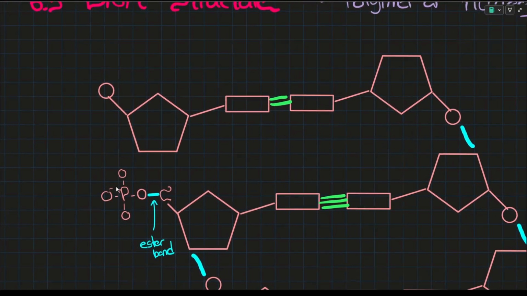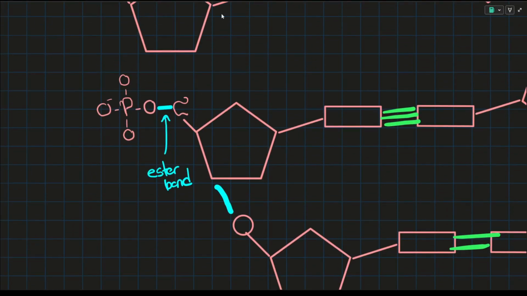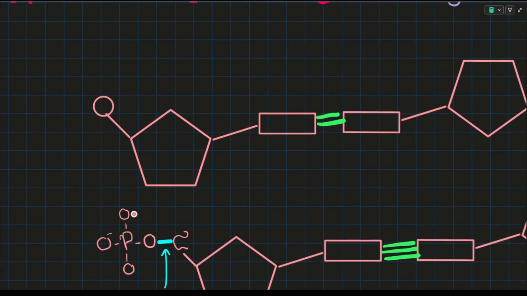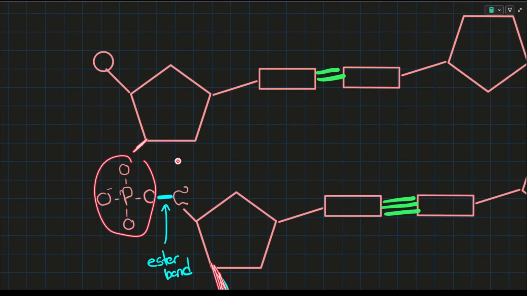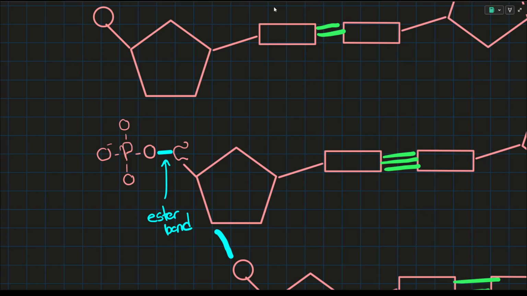Then this phosphate group should also connect again to this above carbon. That is done in the exact same manner. We form simply another bond between the oxygen and the 3 carbon. So 1, 2, 3, no? The 3 carbon.